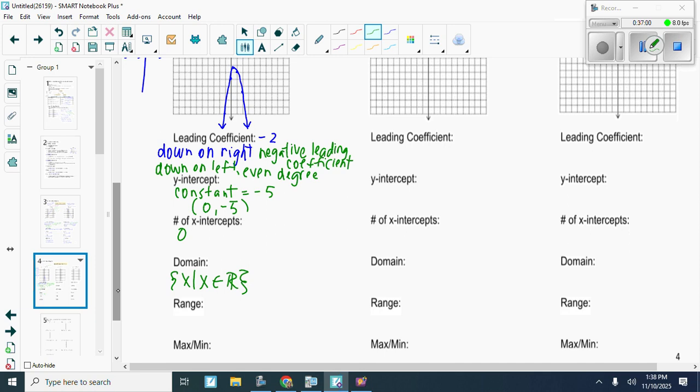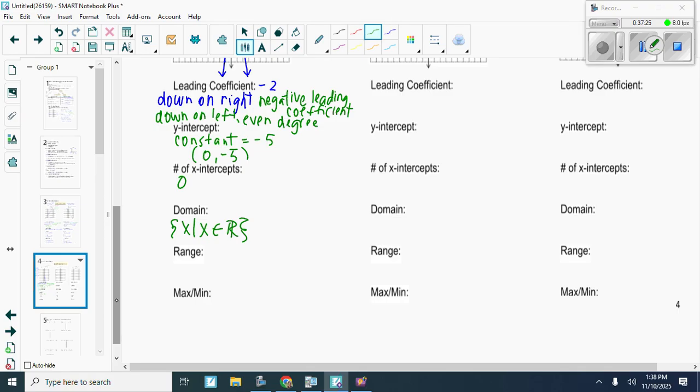However, there's going to be a restriction on the y, because the y gets to a certain point and then it turns around and doesn't go any higher. So y is going to have a maximum point, and that's going to be your vertex, or your maximum. I use the word vertex because I was just teaching that unit for the 20-1s. So it's your maximum value.